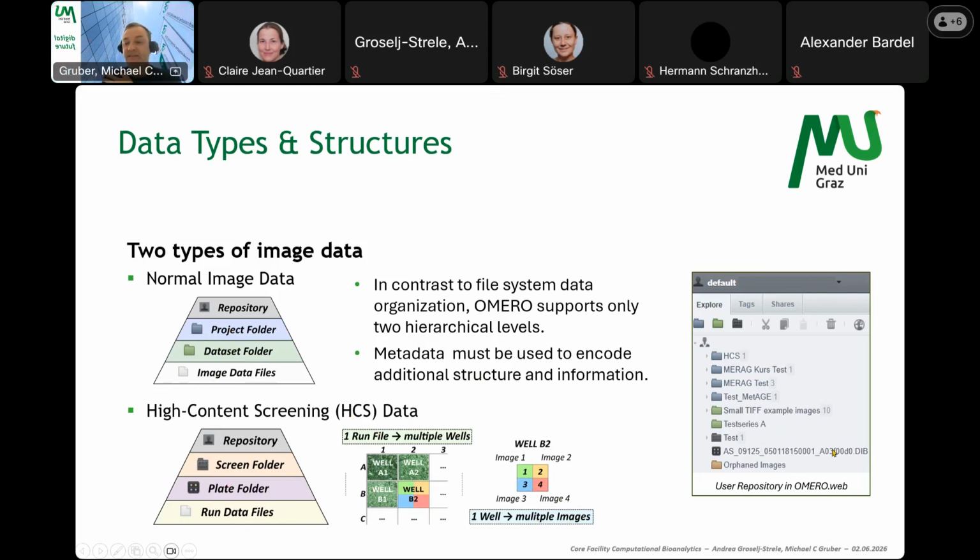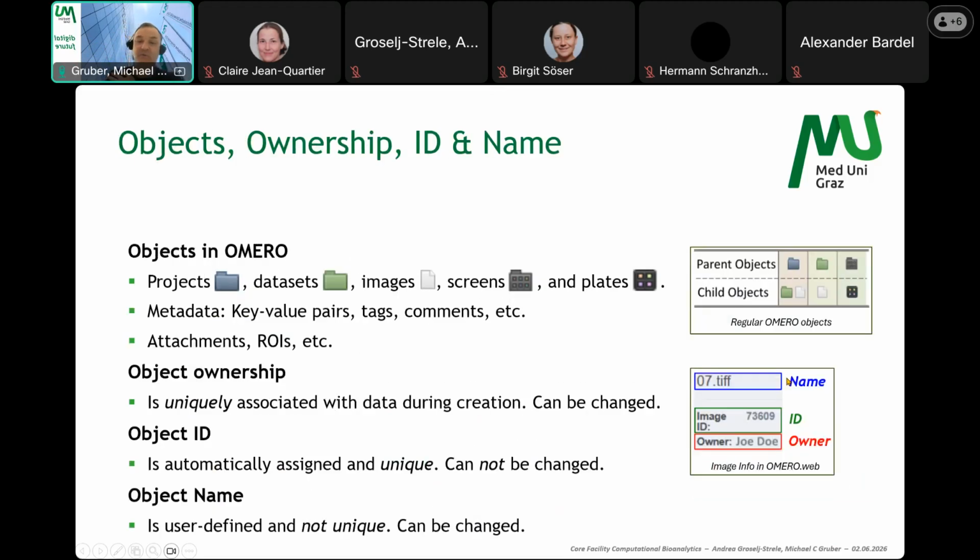So this is a short example of how a repository can look like. In OMERO, there are several objects which can be uploaded or defined or created.